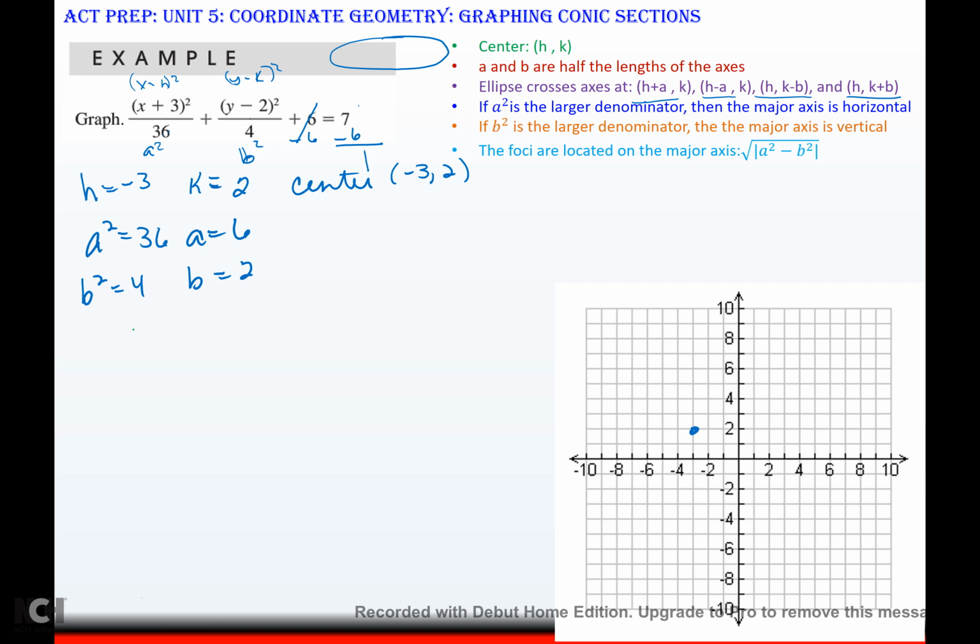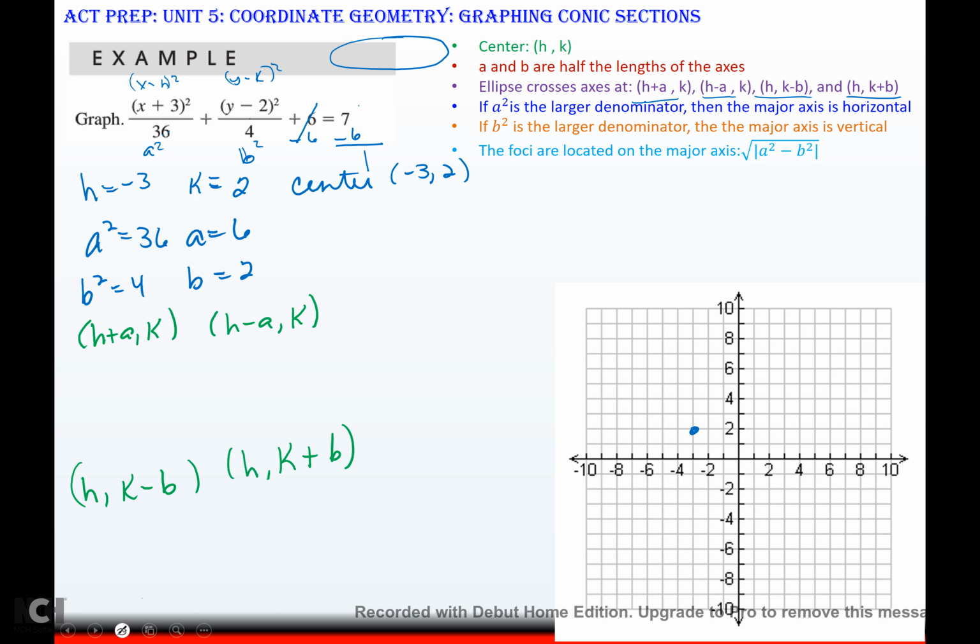So to get where your ellipse crosses, you're going to do h plus a comma k and h minus a comma k. That will be your horizontal ones. And then you're going to do h comma k minus b and h comma k plus b.